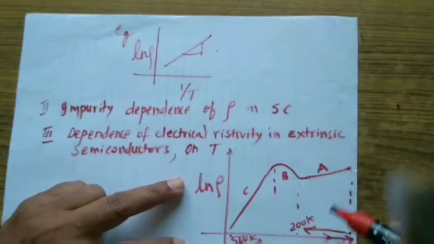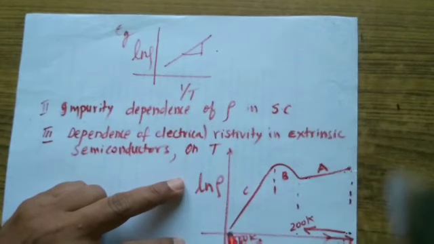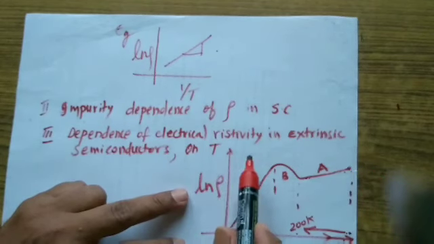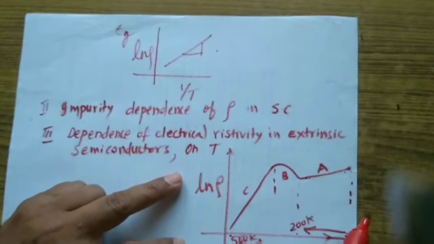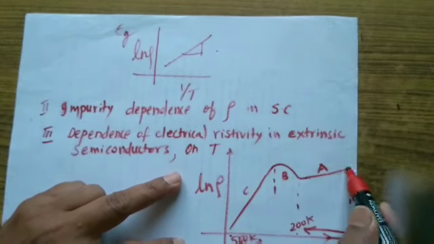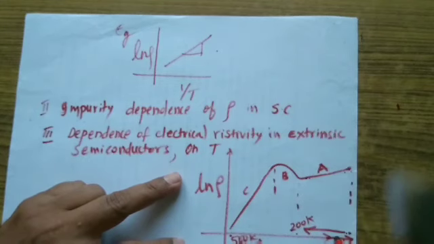But why? Reason is that in an extrinsic semiconductor, there are two types of atoms. They are the intrinsic atoms and the impurity atoms. Because we have added some dopants in order to enhance the electrical conductivity or to decrease the electrical resistivity. These impurity atoms will be ionized even at very low temperature.